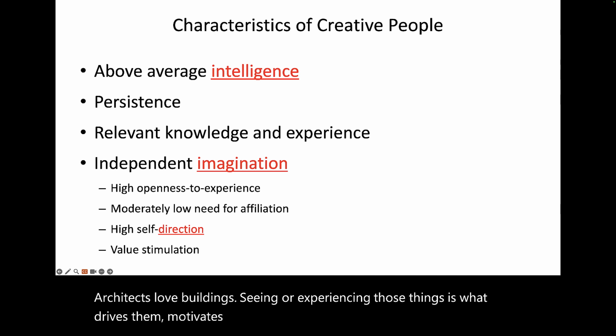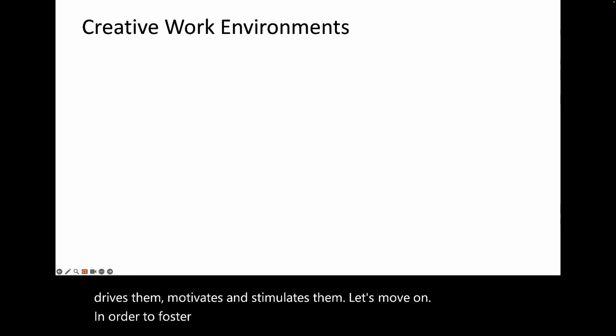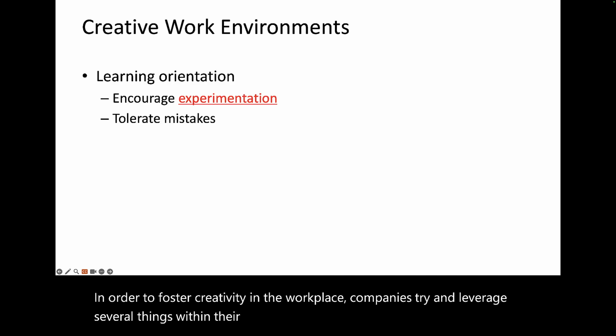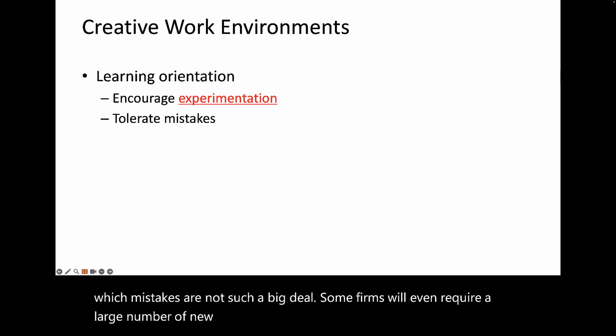In order to foster creativity in the workplace, companies try and leverage several things within their control. They establish a learning orientation in which mistakes are not such a big deal. Some firms will even require a large number of new ideas, knowing full well that only some of them will be successful. 3M, for example, requires its R&D scientists and engineers to dream up as many new products as they can.